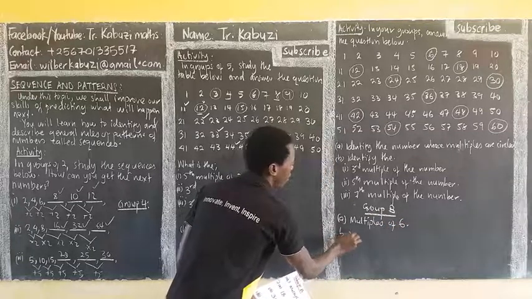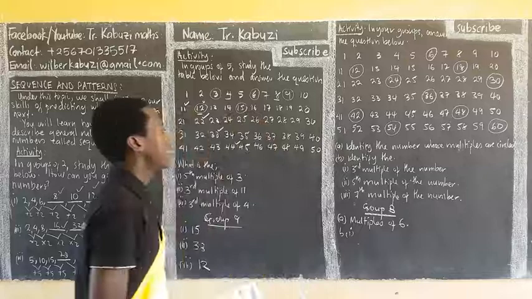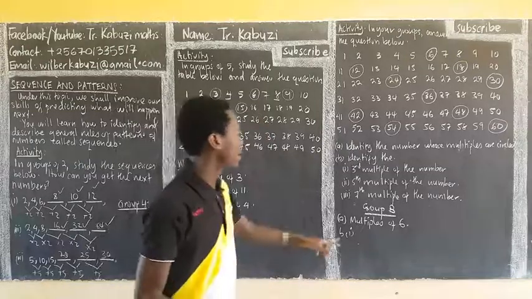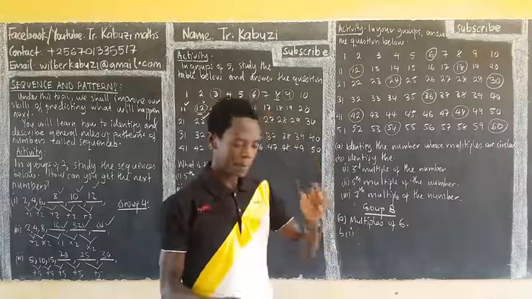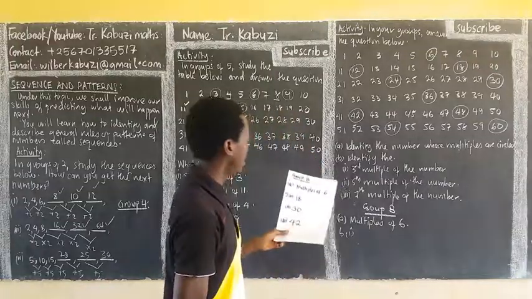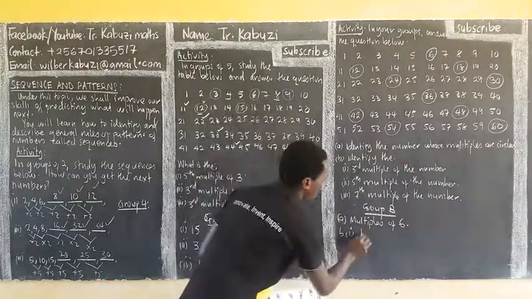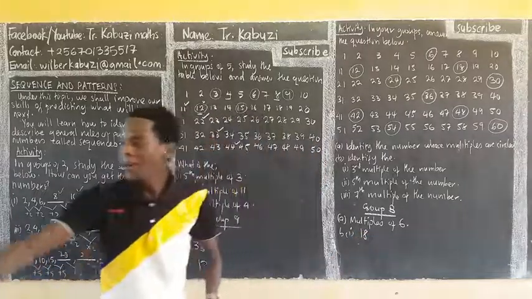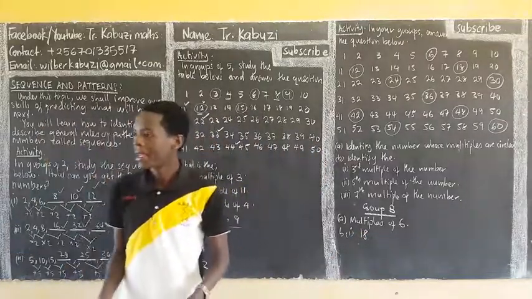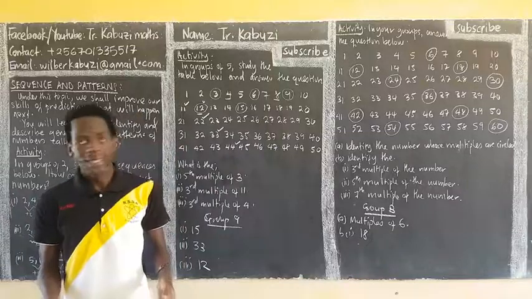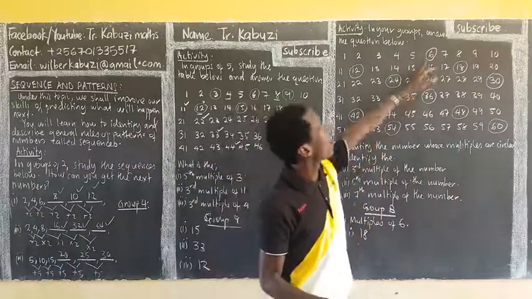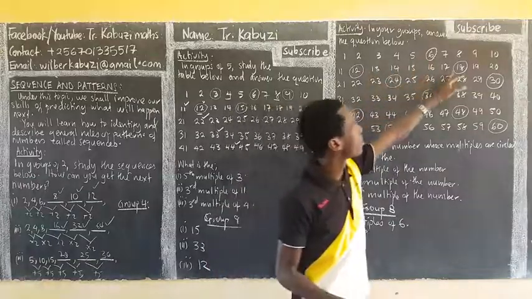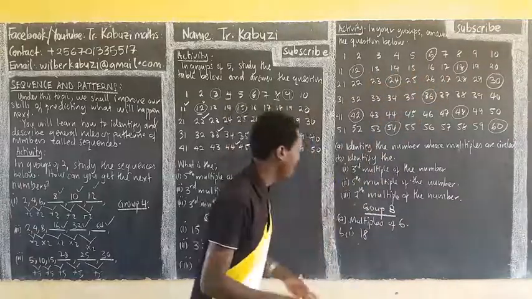So B, remind me of 1, the third multiple of the number. So the third multiple of this number, they are saying 18. Why do you think they are saying 18? I just count. Someone said, you just count and see. So 1, 2, 3. That's great.